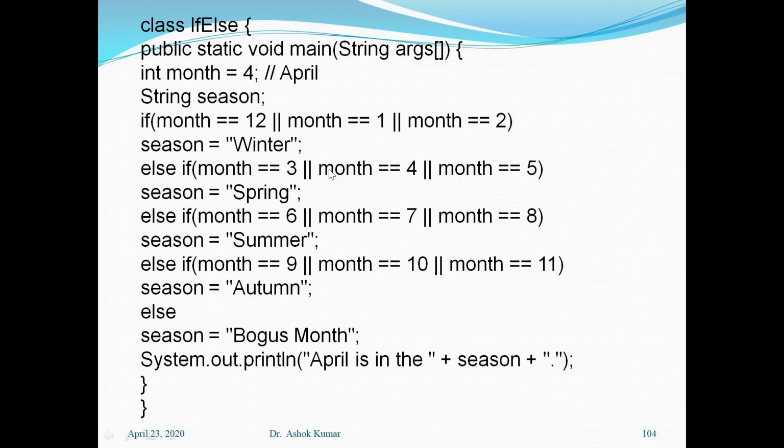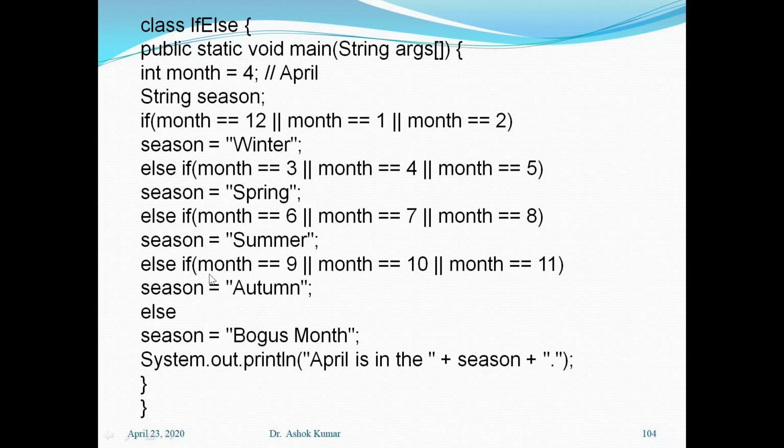Because one of the conditions is true, the rest will not be evaluated. Keep in mind the conditions are evaluated from left to right. This condition is true, so it will assign spring to the season variable, and the rest of the if else ladder structure will be skipped.